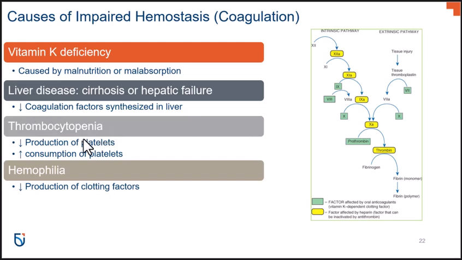This state can occur because either somebody isn't producing enough or their body is consuming or utilizing more than are being replaced. Hemophilia is another cause of impaired hemostasis. Because people with this inherited condition do not produce enough clotting factors, they have difficulty with clotting. And there are different forms of hemophilia where different factors are affected.